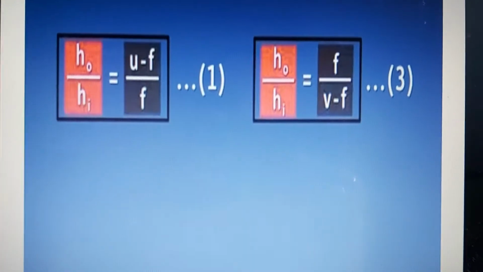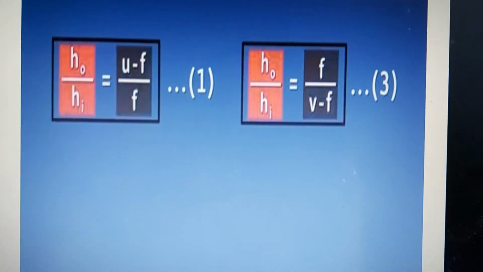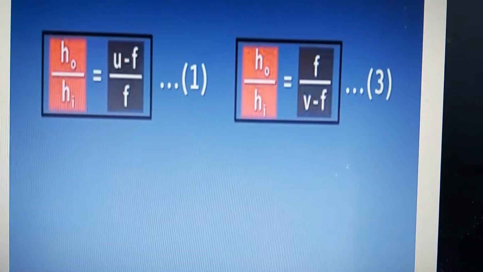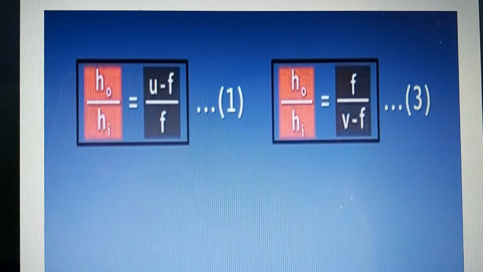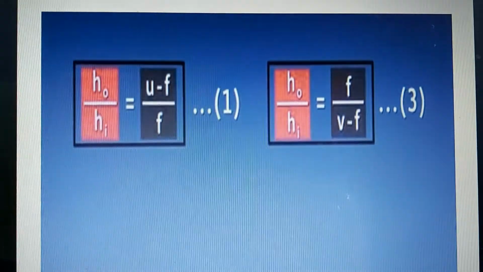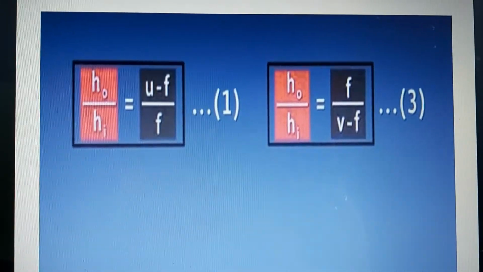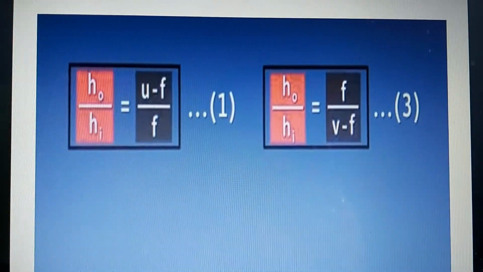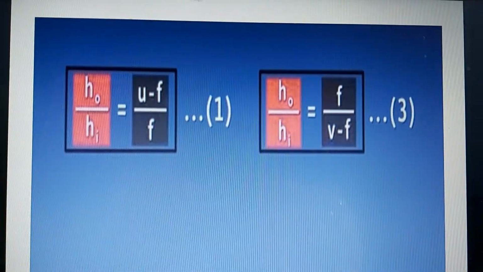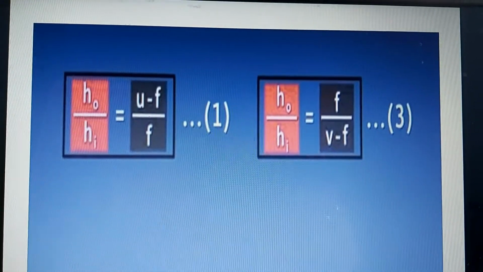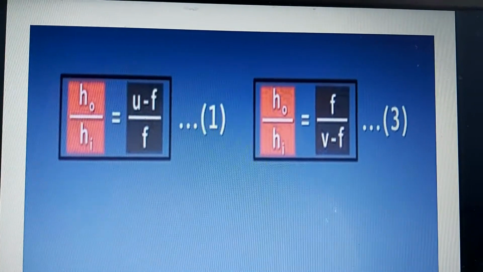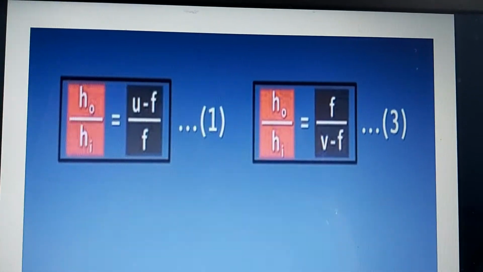Now we have two equations with us. They both have the same term on one side of the equal sign, so the other two sides will be equal. By cross multiplying and solving further, we will finally get the required mirror formula.